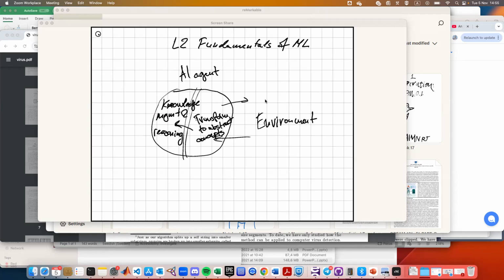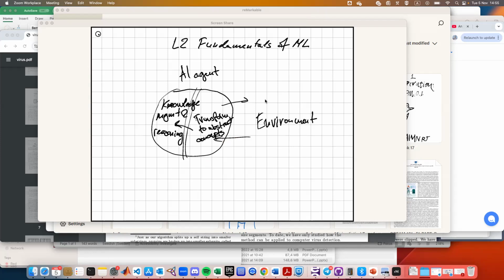We are not talking about this left-hand side part. We are concerned about analyzing the environment which we sample through our available sensors. And starting from this point, we operate on data.